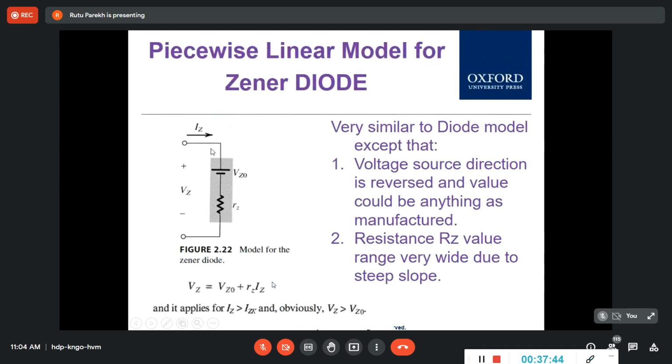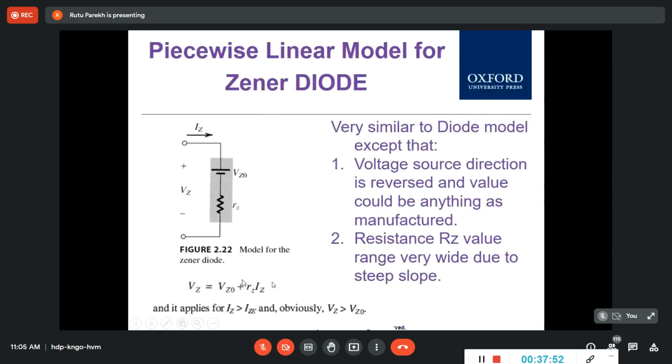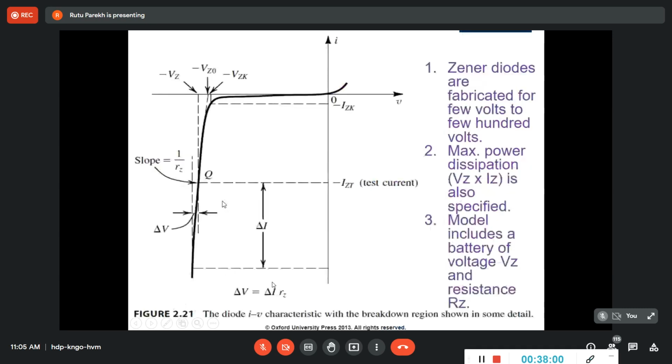So the voltage VZ across the Zener is this voltage plus this change, that is VZ0 plus IZ RZ. This is RZ, and the current that is flowing is IZ.